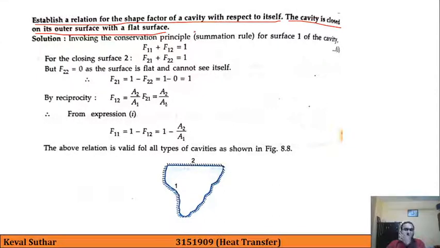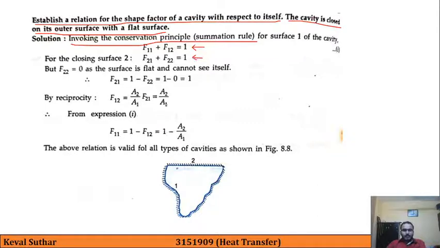A common figure is shown in this way. Invoking our conservation principle, that is the summation rule, we can write these two.